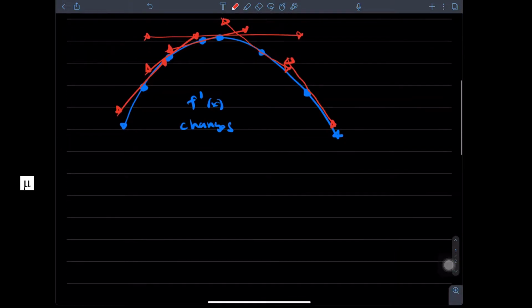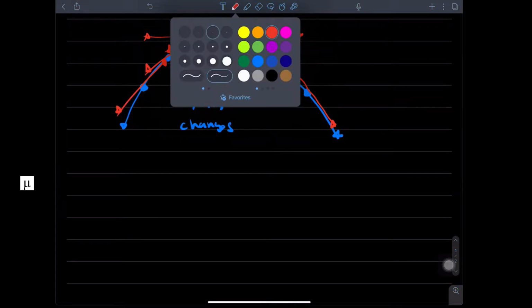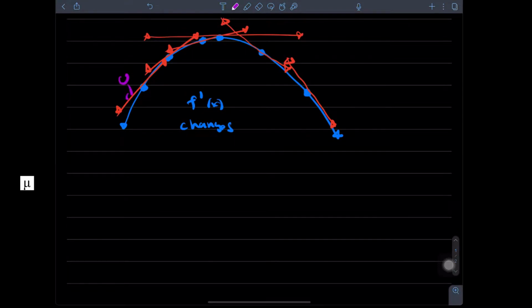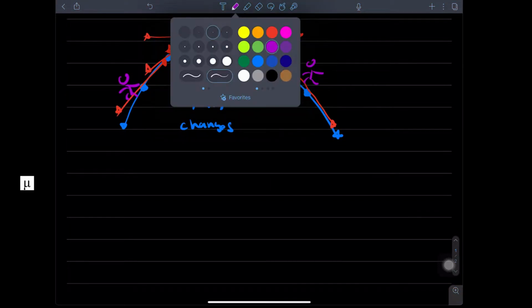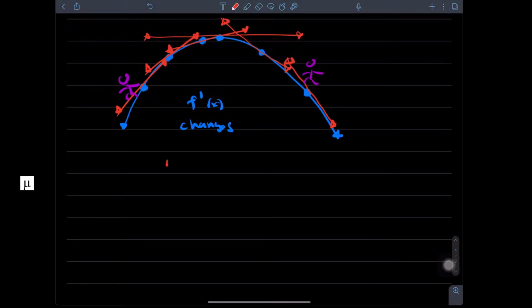Remember we said we always work left to right? I want you guys to know. The slope of the tangent is doing what? You're going from positive slopes to negative slopes. Is that true? So I'm going to say the slope of the tangent is decreasing.